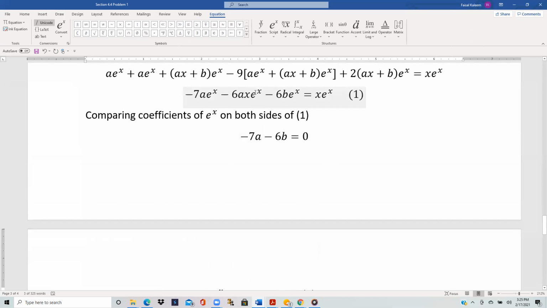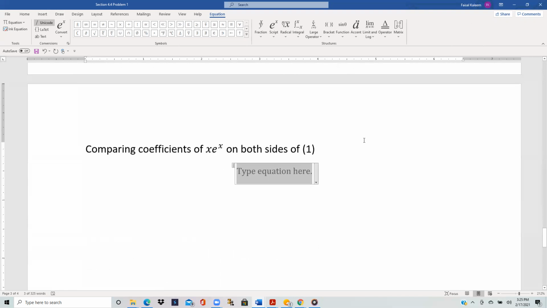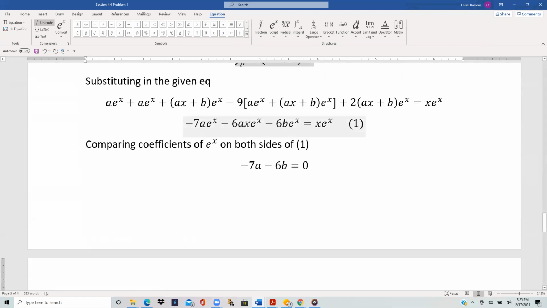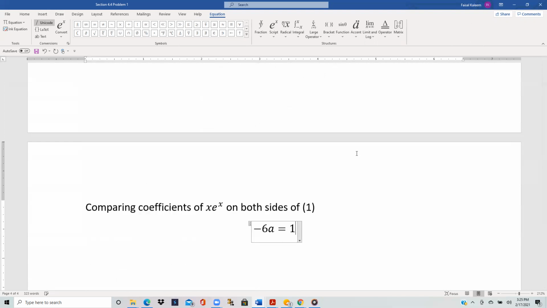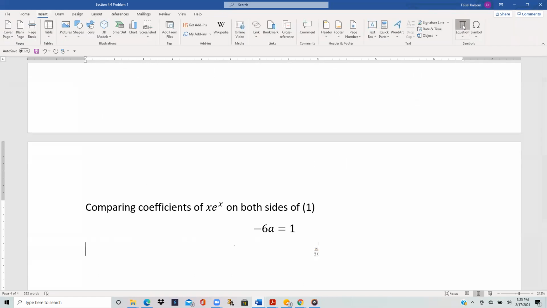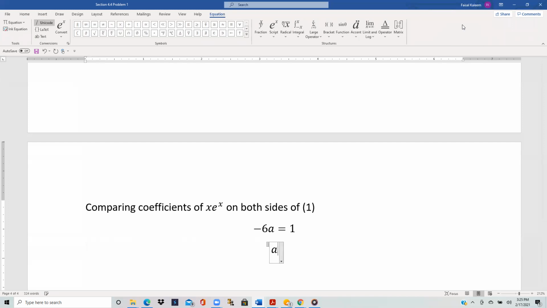So the xex term on the left side is negative 6a. I mean, the coefficient is negative 6a. That's the only xex term on the left side. And the right-hand side, the coefficient of xex is 1. So this was a simpler equation because that directly gives us a equals negative 1 by 6.